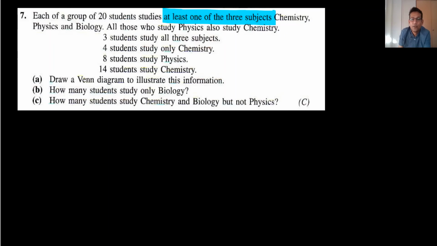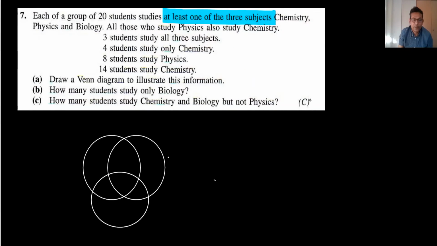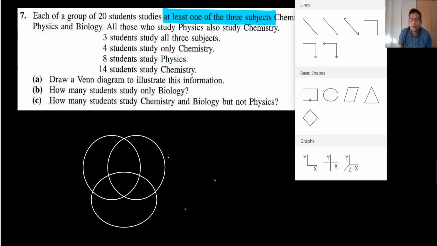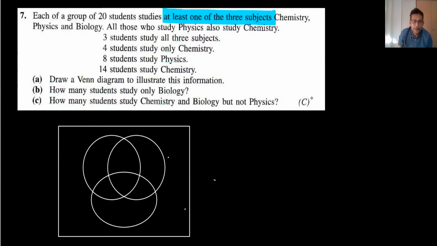Okay. First we need to draw 3 circles. Because at least means some part is common, we can write it. It takes a little time, but I think it's good. We also need a rectangle to have the total.